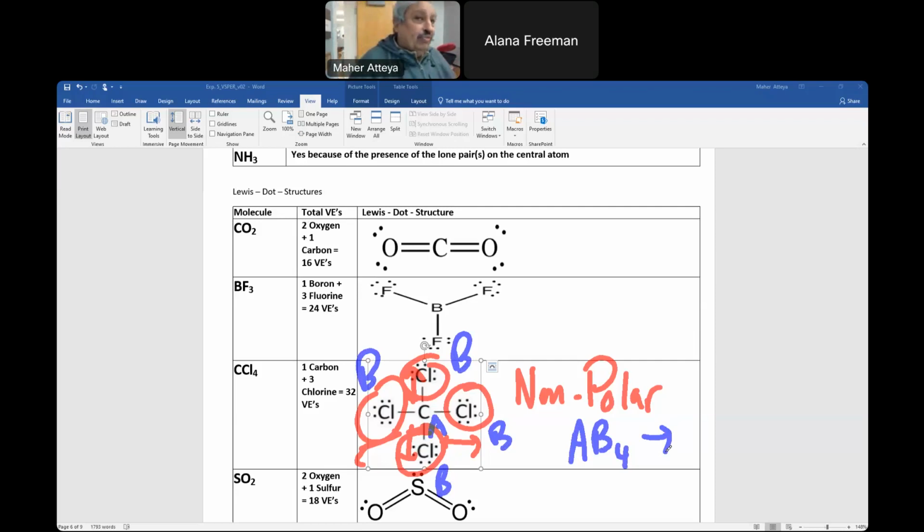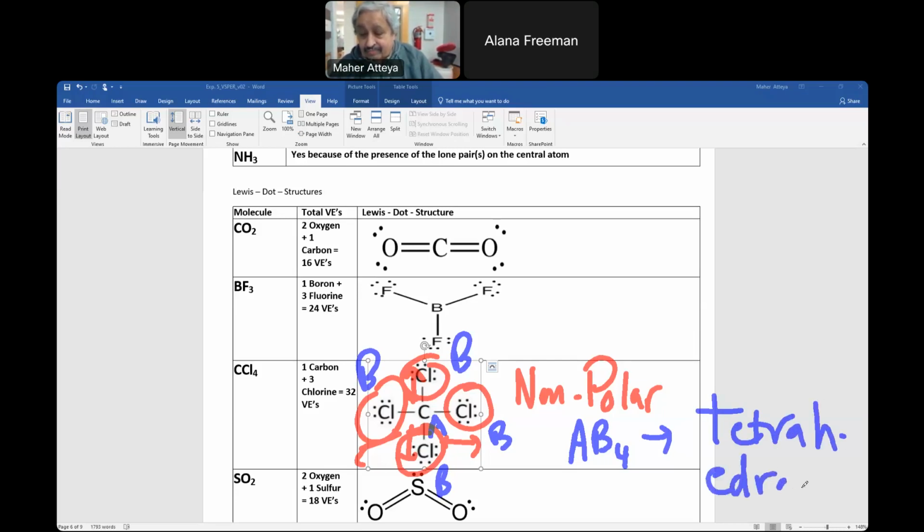AB4, the shape is tetrahedral, and the angle of this tetrahedral is 109.5 degrees. Okay? And it's non-polar because you have similar terminals.